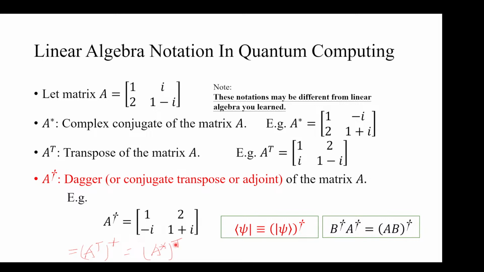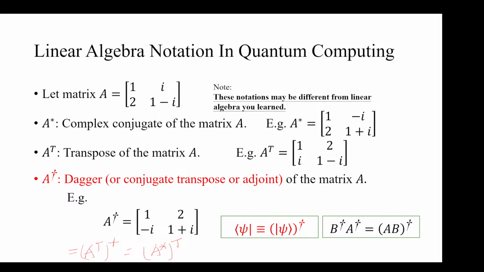As I said, the dagger operation is very important because, as we'll see very soon, it's really related to the inner product. We define another notation related to the dagger operation. If you have some column vector psi, we define its corresponding row vector as its dagger.